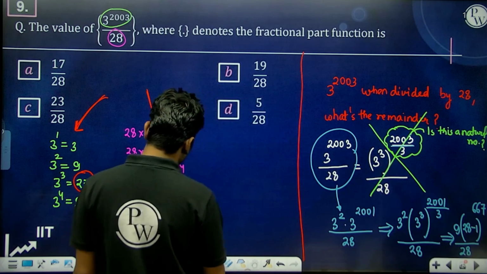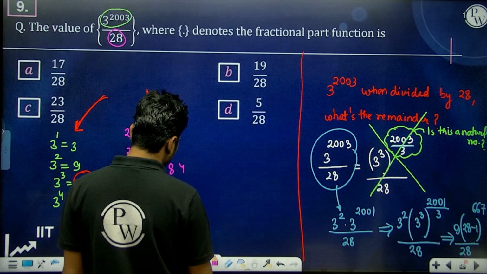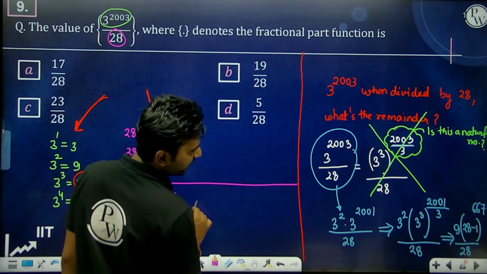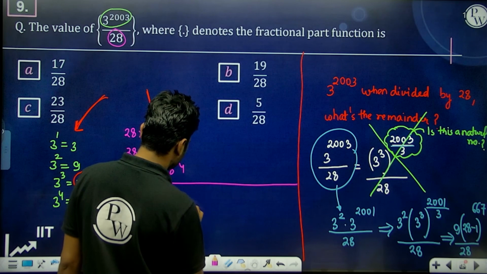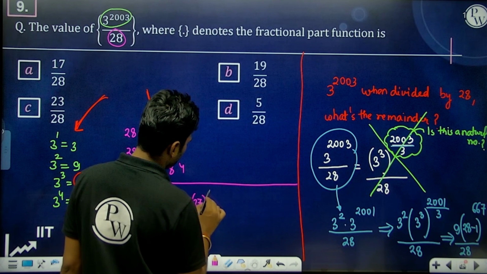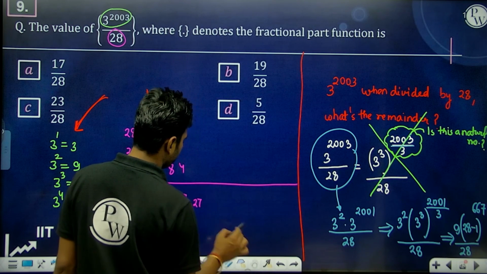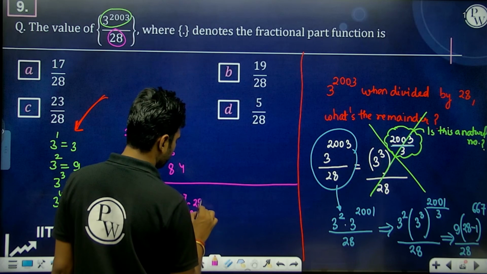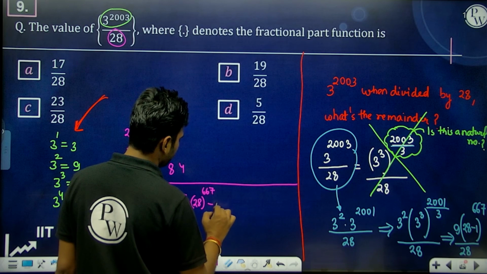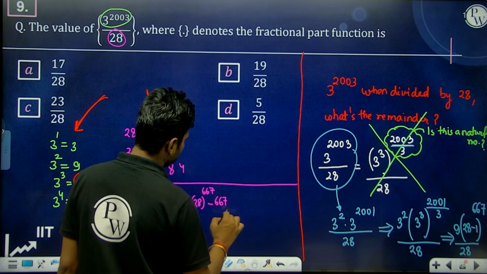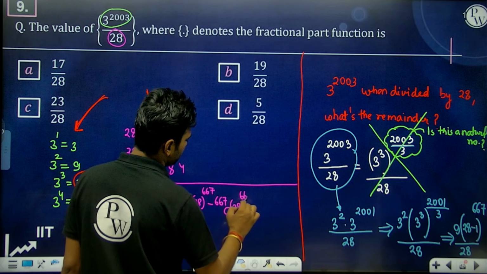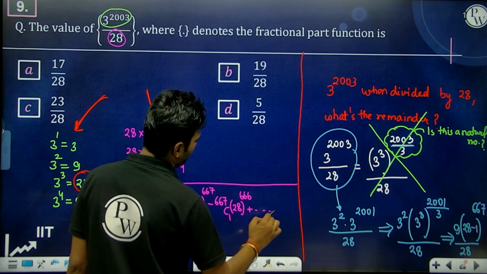If you apply it, you will have something like this: 667C0 28 to the power 667, minus 667C1 28 to the power 666, and like this the terms will keep on moving.